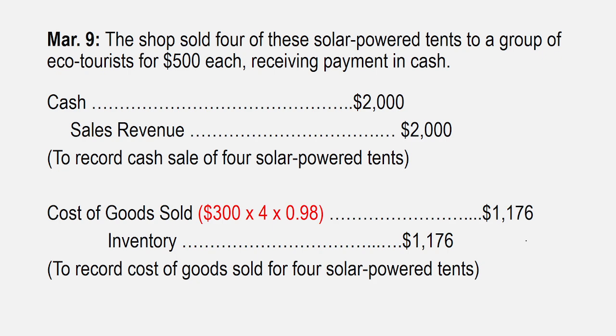Okay, in the next economic scenario that takes place on March 9, Adventure Travel Gear sold 4 solar power tents that they bought in the previous one, to groups of eco trees for $500 each and received payment in cash.